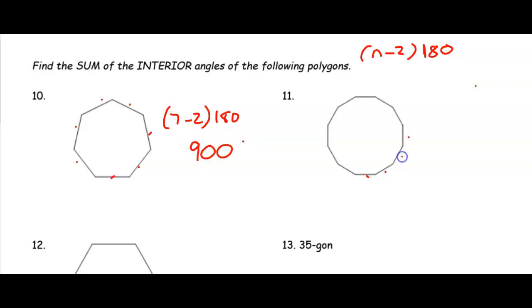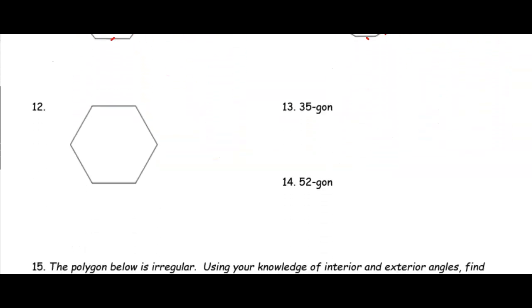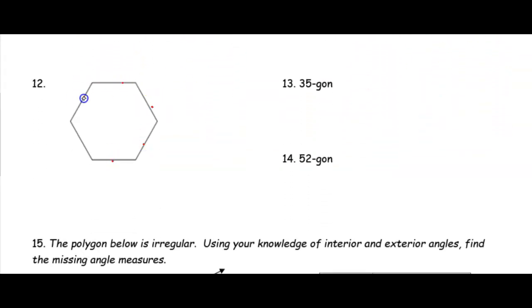Okay, 1, 2, 3, 4, 5, 6, 7, 8, 9, 10, 11, 12. 12 minus 2 times 180 is 1800 degrees. 1, 2, 3, 4, 5, 6. 6 minus 2 times 180 gives us 720 degrees.